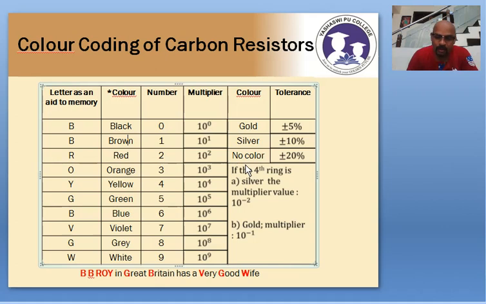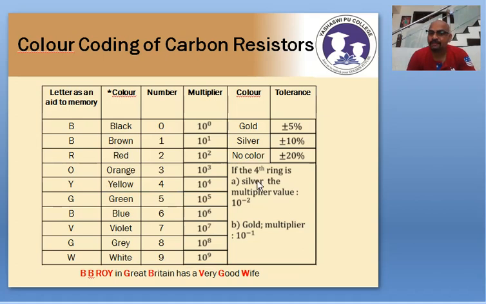So you just look at the numbers associated with the colors. If it is black, the number is 0, and the multiplier is 10 to the power 0. So: black, brown, red, orange, yellow, green, blue, violet, grey, white. Remember these colors.